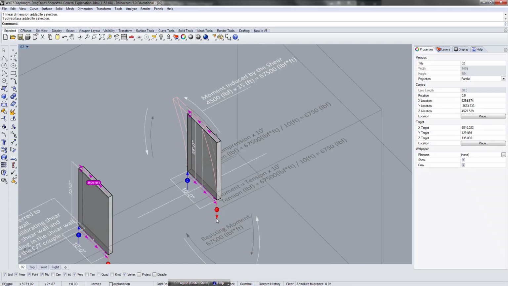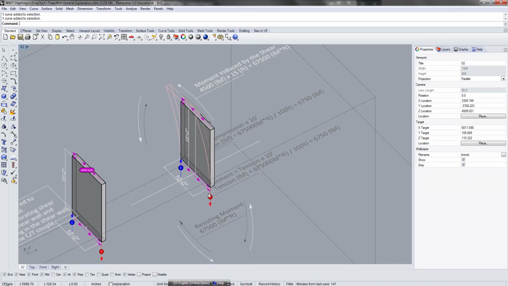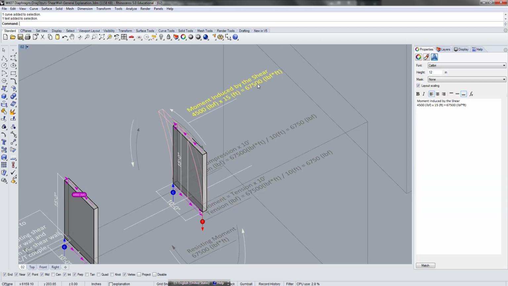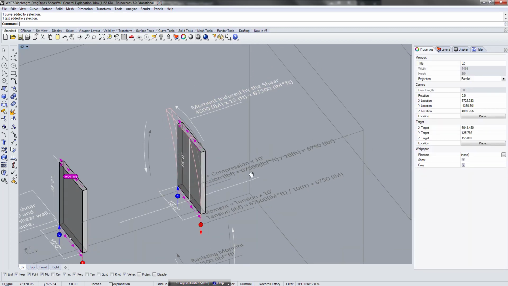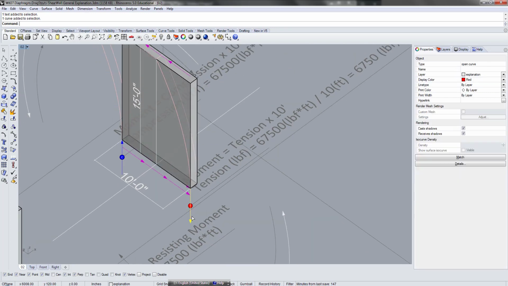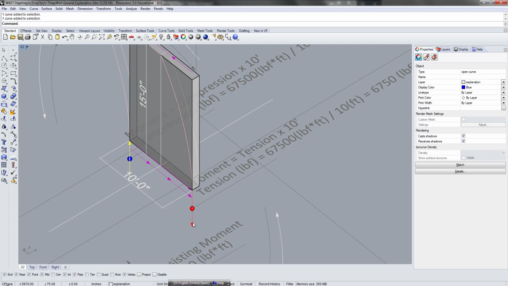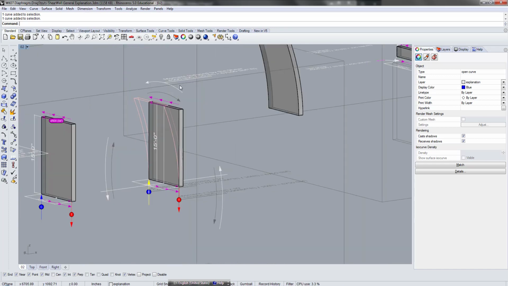That's when this tension and compression comes into play. The total amount of moment caused by these two needs to be equal and opposite to that. So the axial force of this tension and compression, we can calculate from trying to equilibrate that moment.